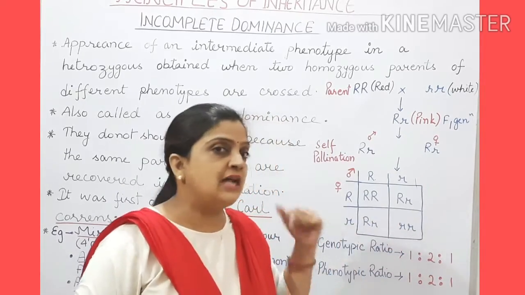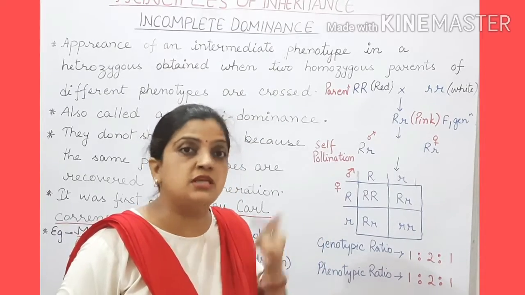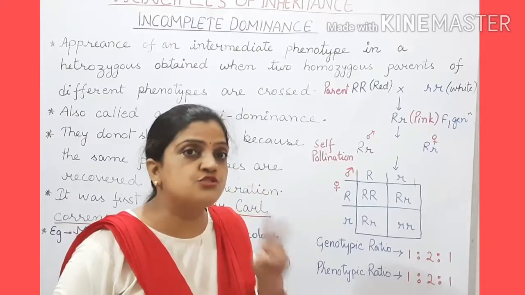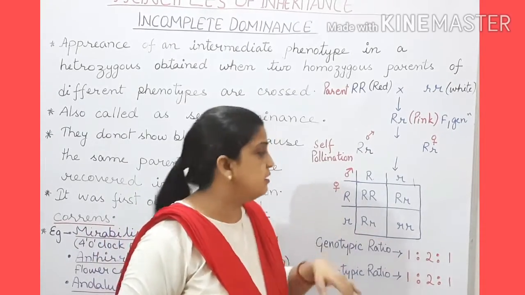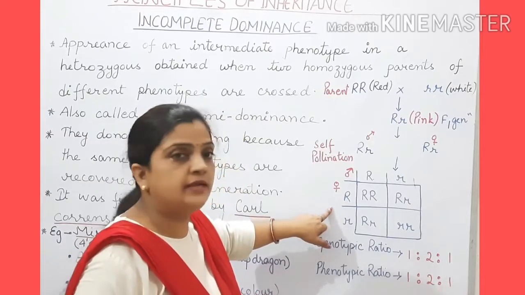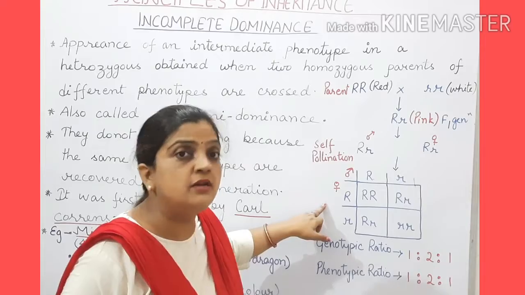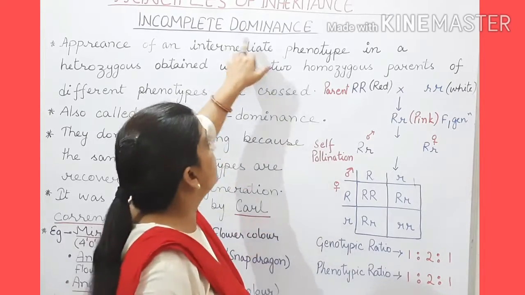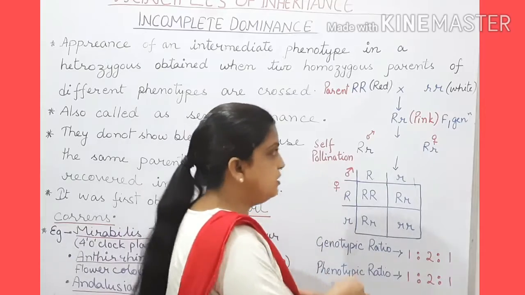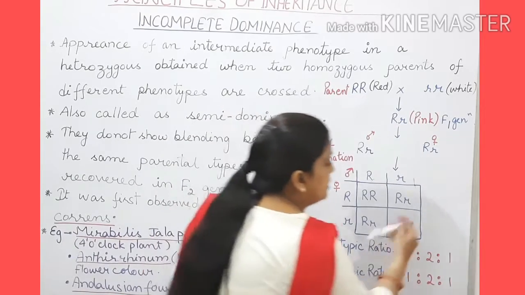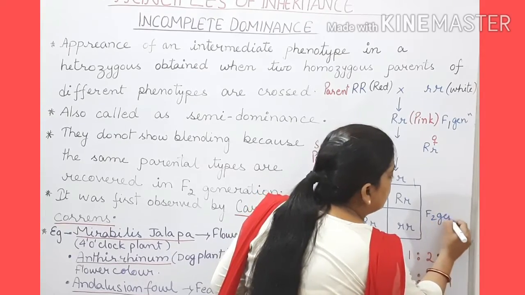If you remember, capital T capital T, capital T small t, capital T small t, small t small t, 1:2:1. Their result was over there. So the same result was obtained by Carl Correns in the F2 generation by performing the experiment on Mirabilis jalapa during incomplete dominance. So in the F2 generation, the result was the same, a 1:2:1 ratio was obtained over here.